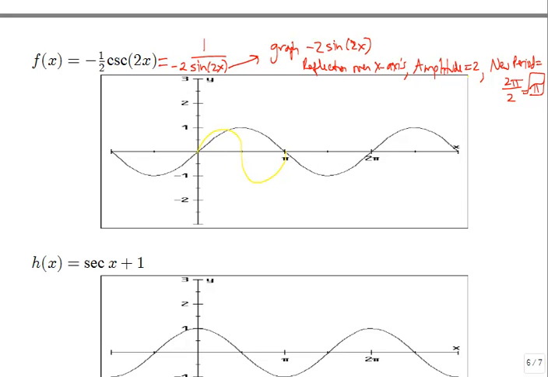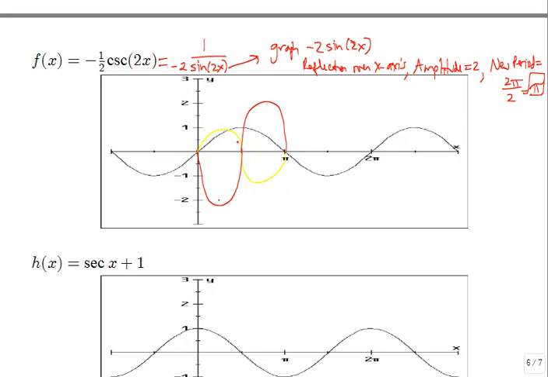But I have a new amplitude and I have a reflection as well. So we're going to have to stretch this guy up to 2 and minus 2, and then we have to flip that whole thing over. So what that's going to look like is instead of going up to 2 and down, we're actually going to need to go down to 2 because of the reflection, and then up to 2 and down like that.